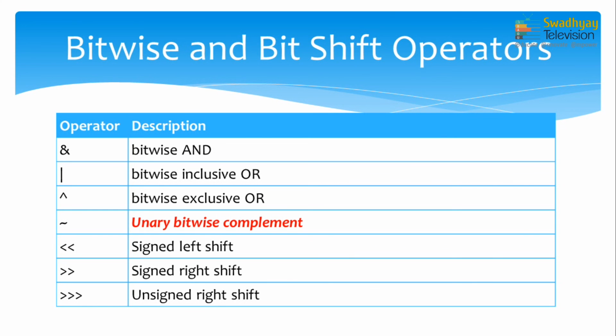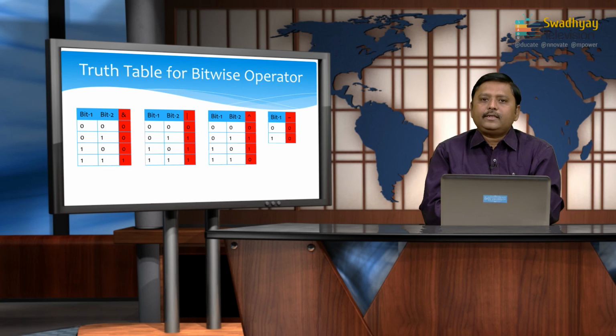Now, we discuss the truth table for these bitwise operators. For example, we take one bit from the first operand and one bit from the other operand, and we check what will happen for different combinations of these bits. On screen you can see bitwise AND. The red line shows the result of the particular operation.